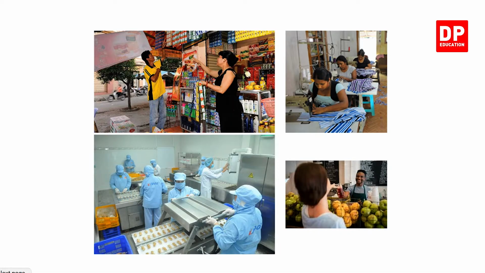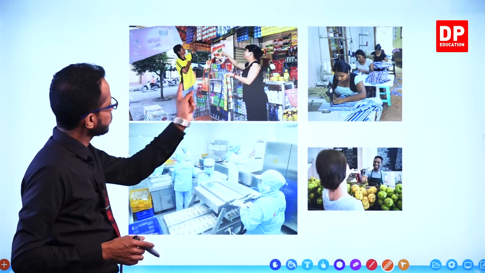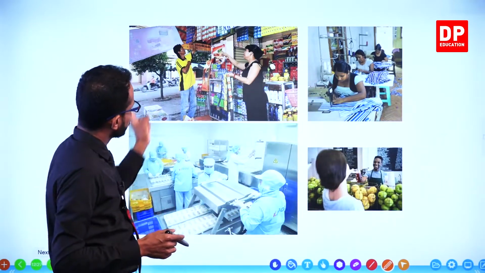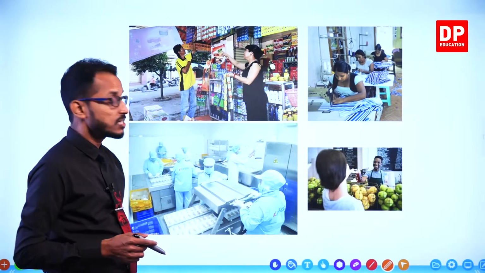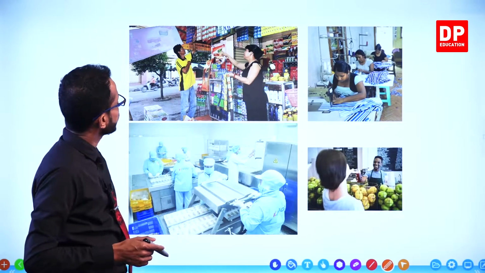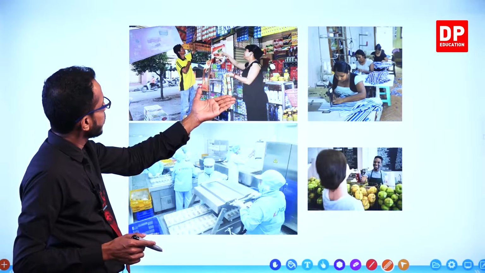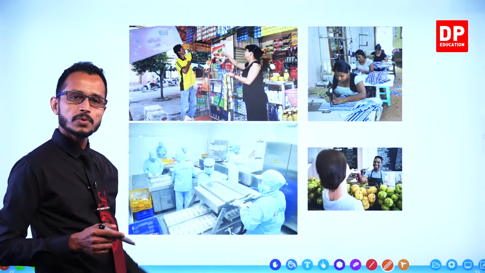Moving on. You have a set of pictures which are showing small and medium scale businesses. This is a very small business. See, it's a small retail shop.